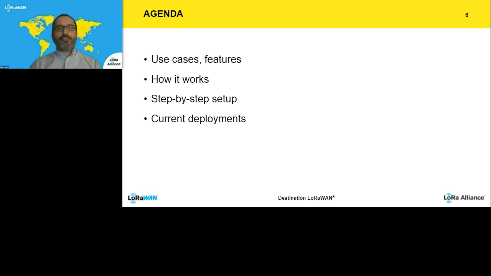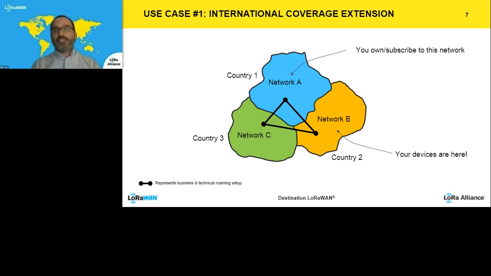The very first use case we have is the international coverage extension, which is a very traditional use case. Imagine you have a network in country one, either it's your own network or you subscribe to a network, and then you have devices going around in the neighboring countries. Because each country has a distinct network, when your devices are in other countries, you will have to rely on other networks for providing coverage.